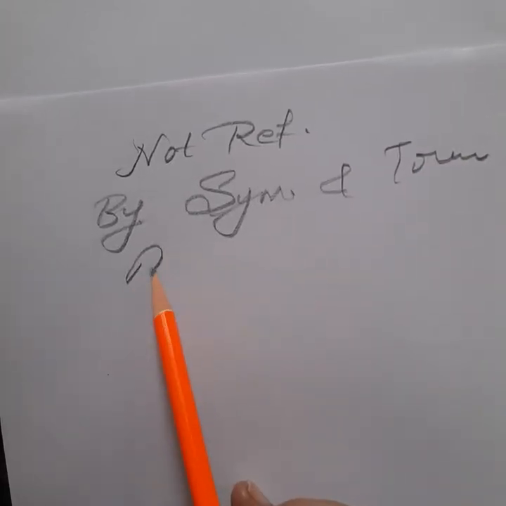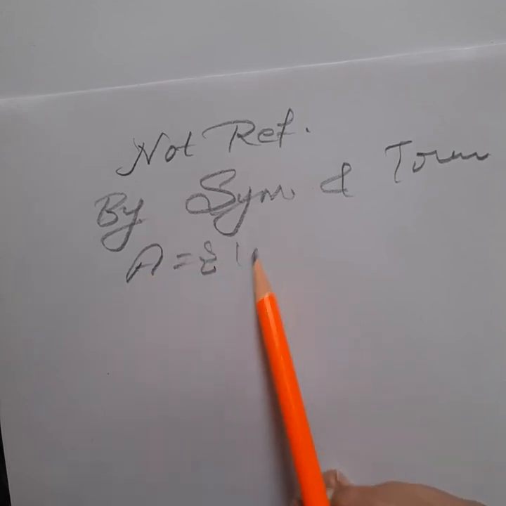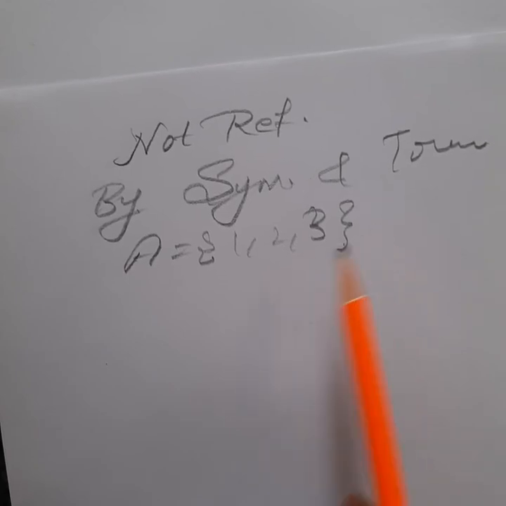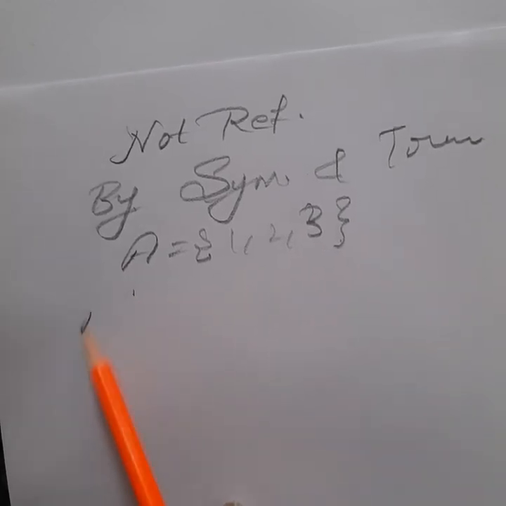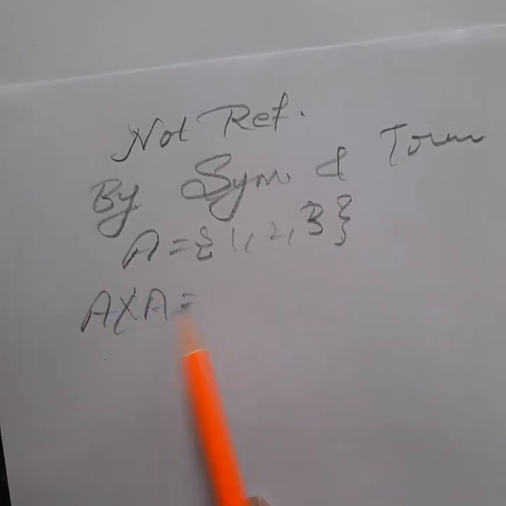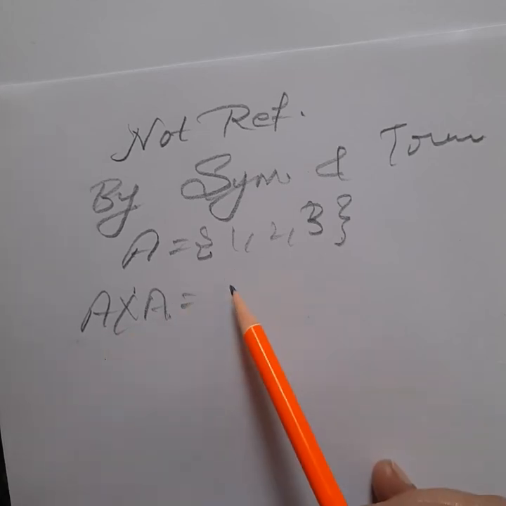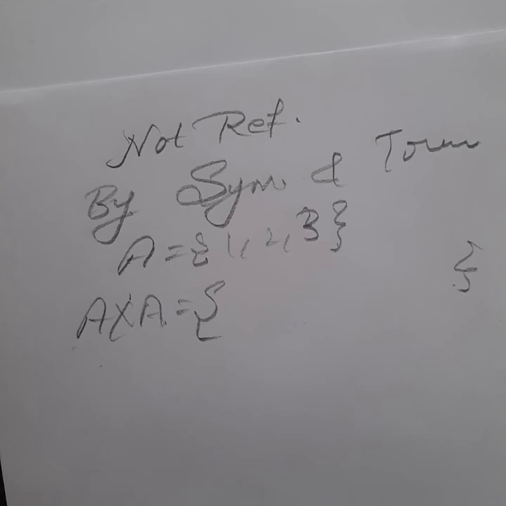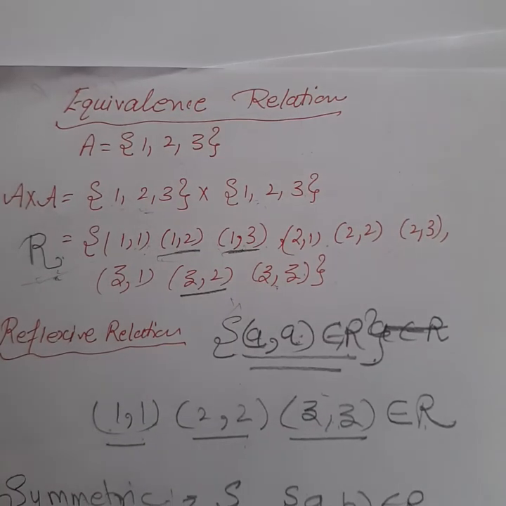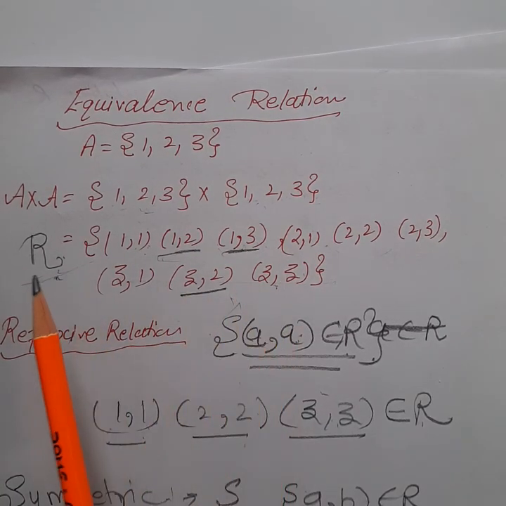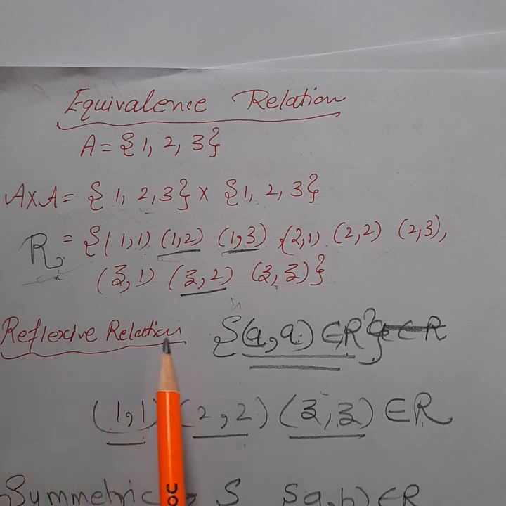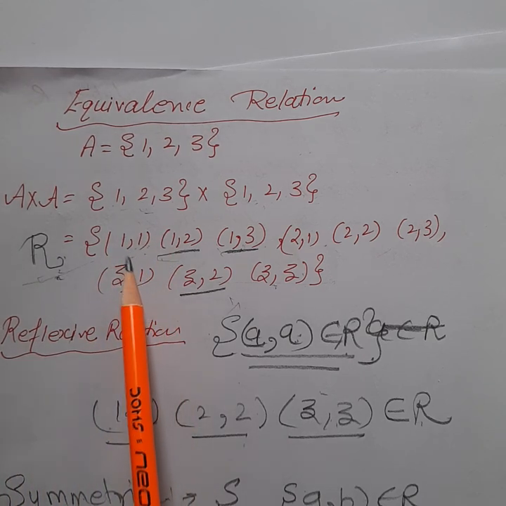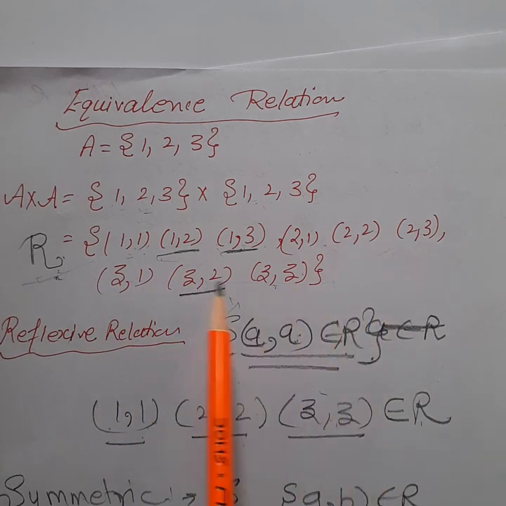So you have to make the same set like {1,2,3} as we made earlier, and you have to take the cross product A cross A, or A cross B, you can say, and make all the types of elements as you made in your previous question. But as we are not showing a reflexive relation, you don't write all three elements (1,1), (2,2), (3,3).